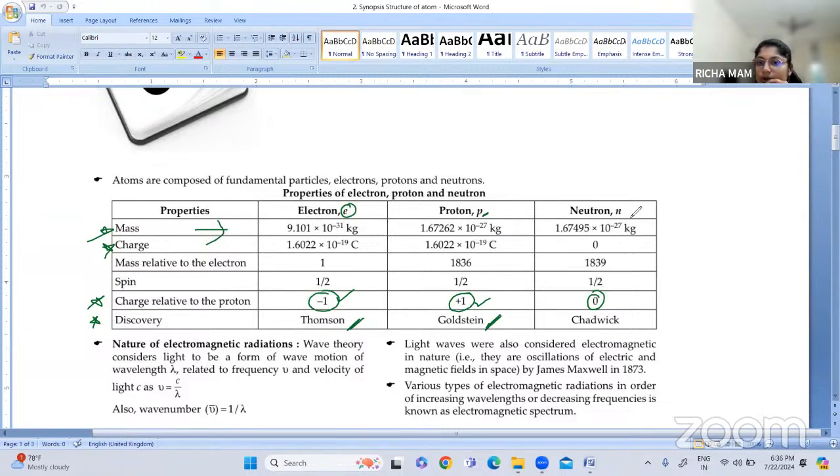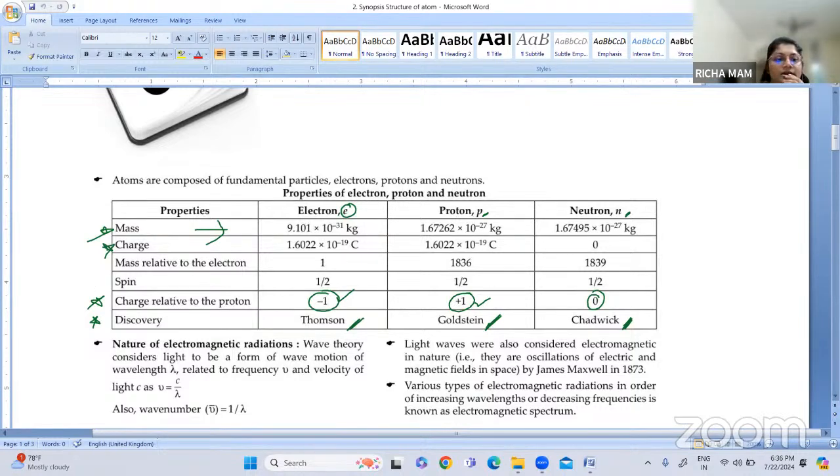Next is neutron. It is represented by n, and it was discovered by scientist Chadwick. Please remember these four things: mass, charge, relative charge, and discovery. I hope you have noted down.